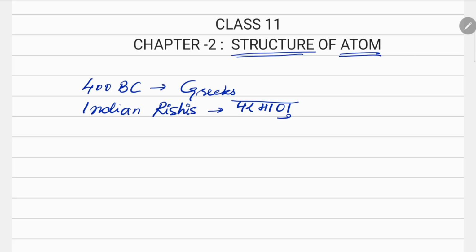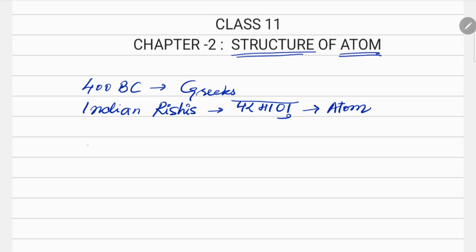They said that there are certain structures or substances that can never be broken down into smaller parts. So our Indian sages also knew about atoms. Parmanu is what? It is an atom. These old people knew about atoms, but they couldn't explain or experimentally determine what an atom is.